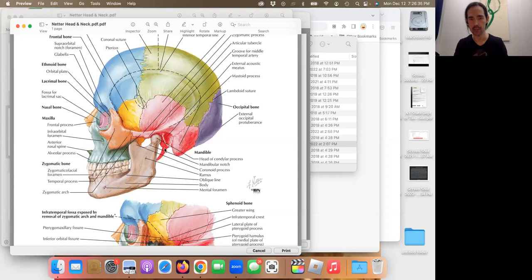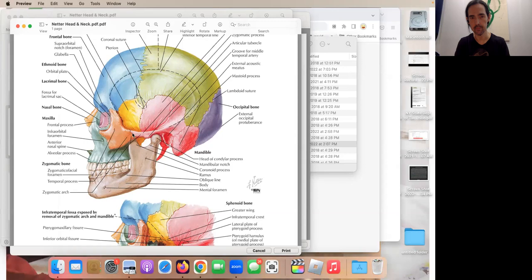Notice that the mastoid process, oh, I'm sorry, I'm disoriented. This is the mastoid process, and this I believe is called the styloid. Mastoid process and this styloid are part of the temporal bone. Here's the zygomatic arch, which is part of both the temporal bone and the zygomatic bone.